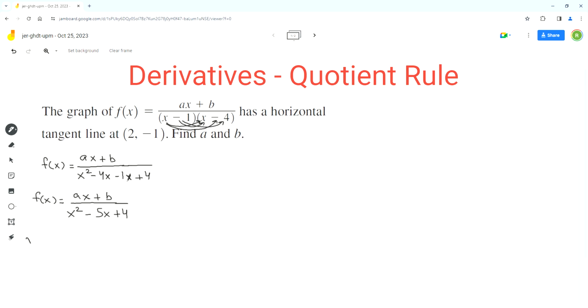So the slope of the tangent m is equal to f prime of x, which is equal to, as per the quotient rule, we start with the derivative of the numerator, which is a, times the denominator, minus the numerator times the derivative of the denominator, which will be 2x minus 5, over the square of the denominator.